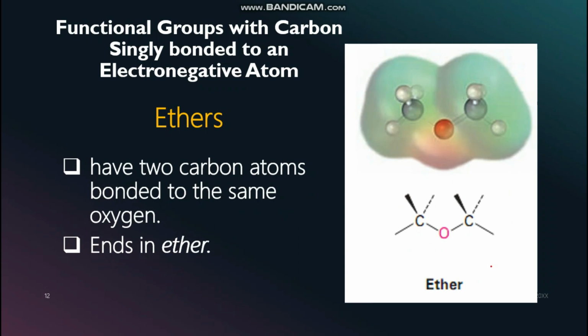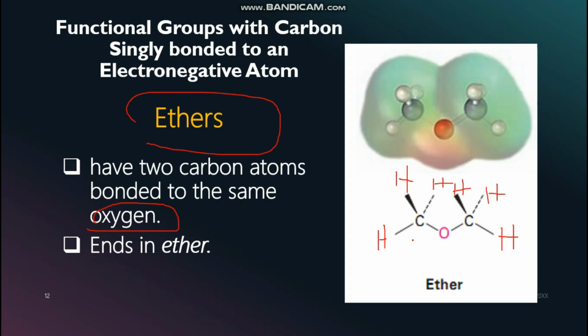And we have also ethers. So ethers have two carbon atoms bonded to the same oxygen. So this one, I'll just put the hydrogen atoms here. Okay. So as an ether, it is not possible for it to have only one carbon.